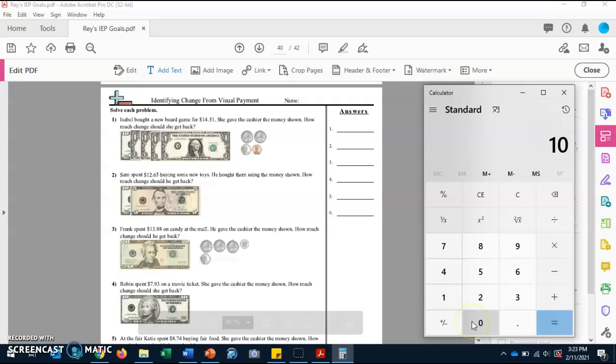So we know we have a $10 bill plus 4 $1 bills. So 1, 2, 3, 4. And then we have 2 quarters, a nickel, and a penny.